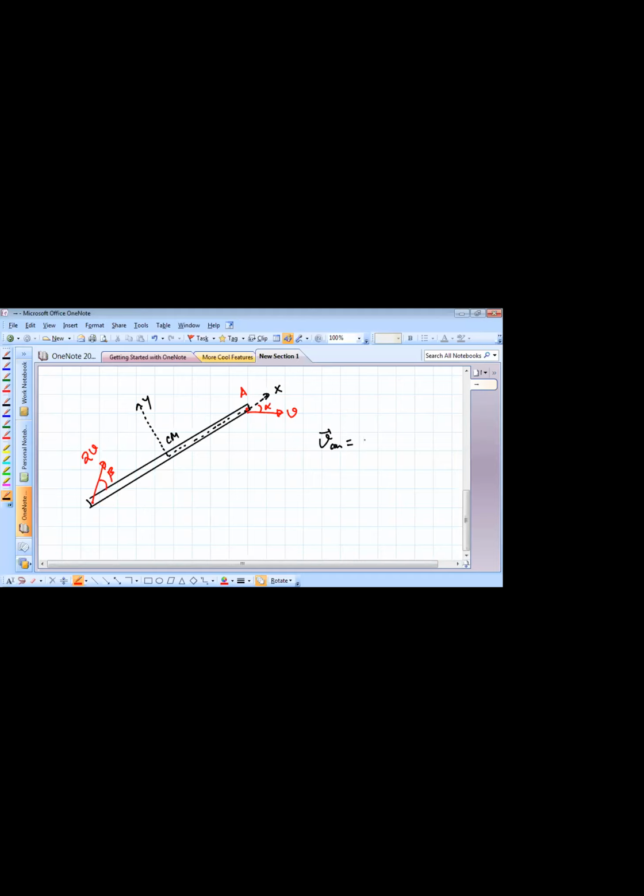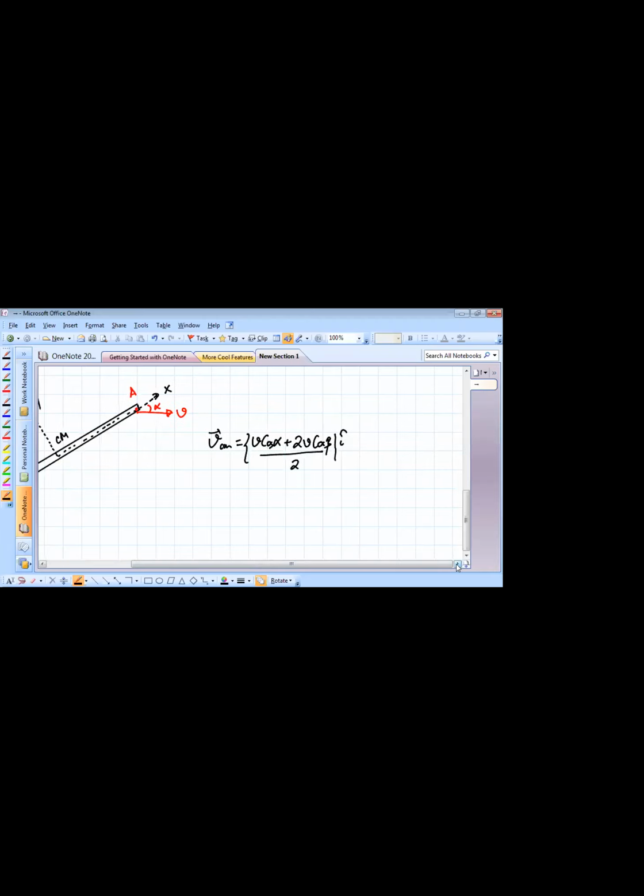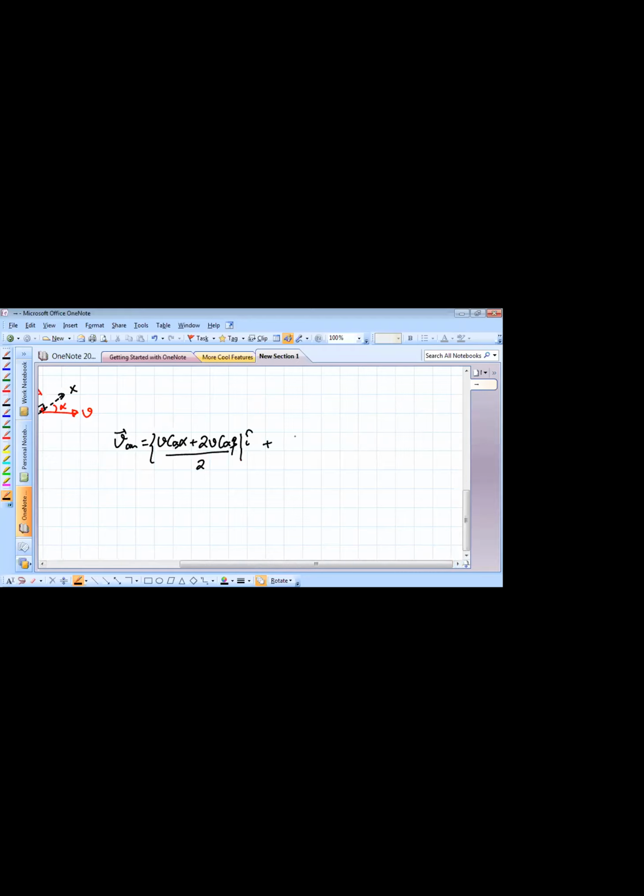It has an x component of v cos alpha plus 2v cos beta divided by 2, i cap, plus a y component which will be 2v sin beta minus v sin alpha divided by 2, because they are in opposite directions, j cap.